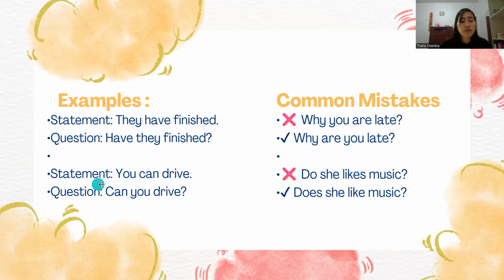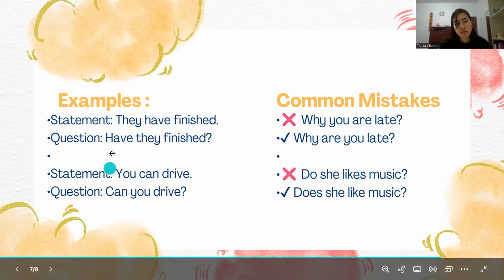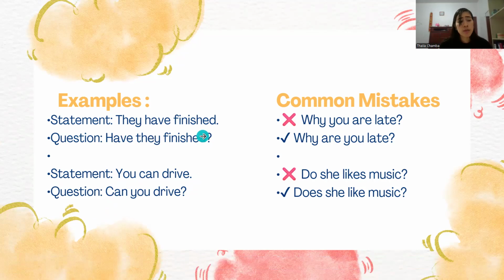Another example, here we have the statement, you can drive. I mean, we take the modal auxiliary "can," put it before the subject "you," and the question is, can you drive? So remember, to form questions, we change the order. I mean, auxiliary, subject, and the main verb.